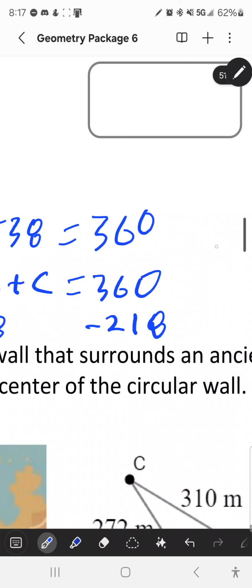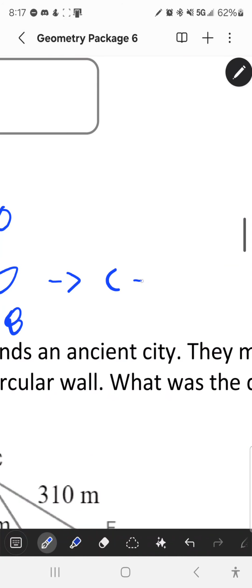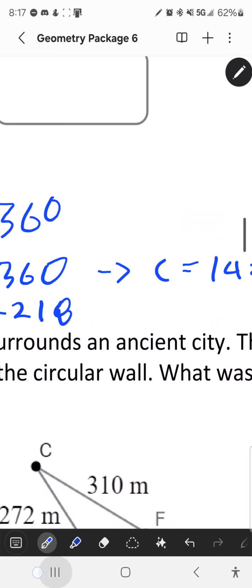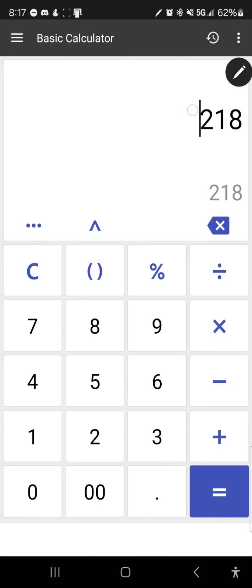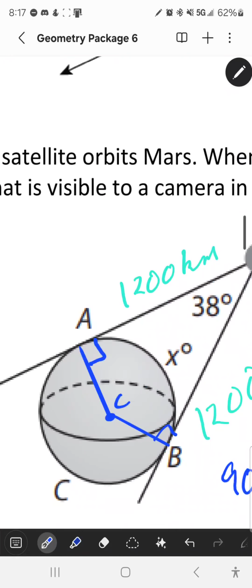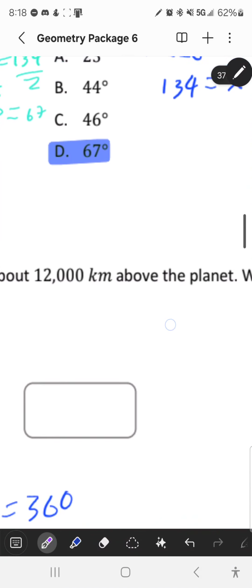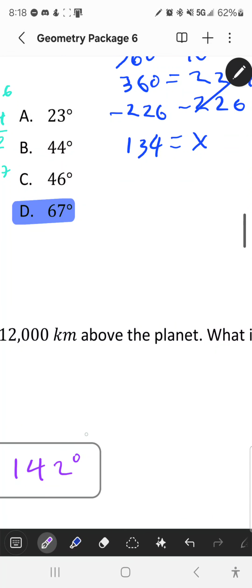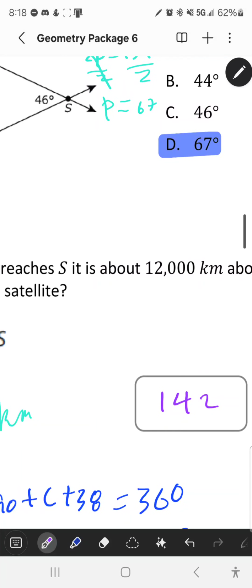Now C equals 142 if I'm not mistaken. So 360 minus 218, yeah, 142. Now, something to realize is that this is a central angle and this is the arc corresponding to a central angle, so this arc is going to be equal to the angle. So this arc right here is 142 degrees. So x equal 142.